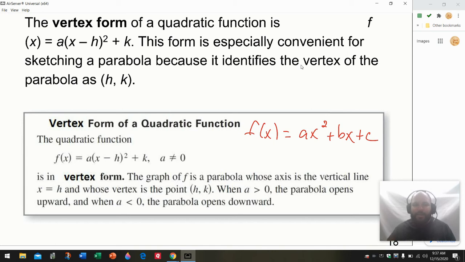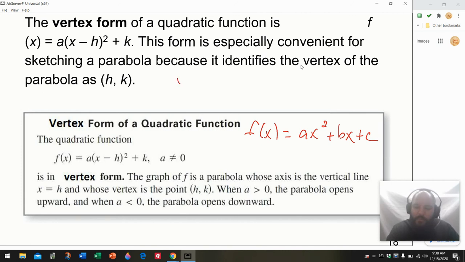And so now this year, we're going to move into a new form of a quadratic. And one of the things that you need to understand is this is very similar to when you had different forms of linear equations. Linear equations actually have 3 different forms. We just had a test in my Algebra 1 class for that.